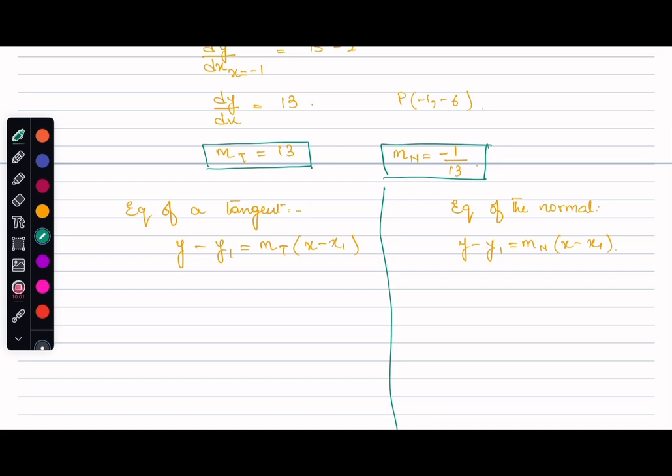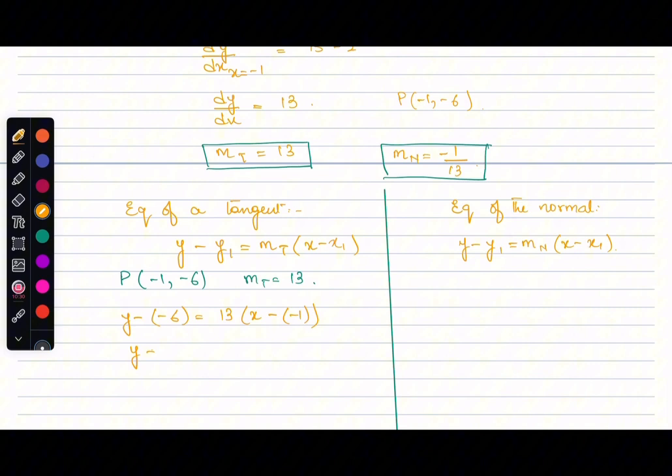So we have been given the point P, and the point P here is (-1, -6). We know the gradient of the tangent, which is 13. So if I substitute the two in the given equation, I should be having y minus -6 equals 13 times x minus -1.